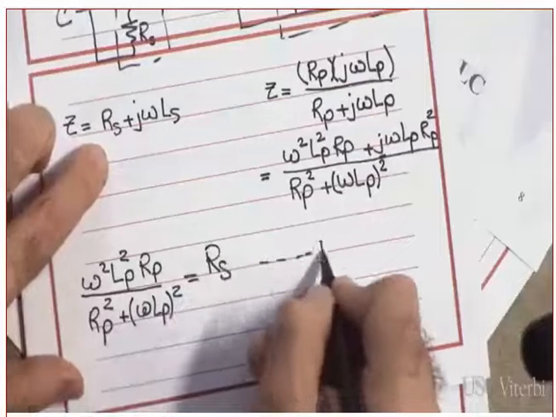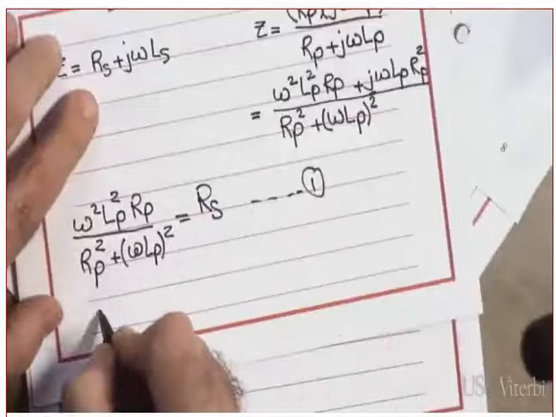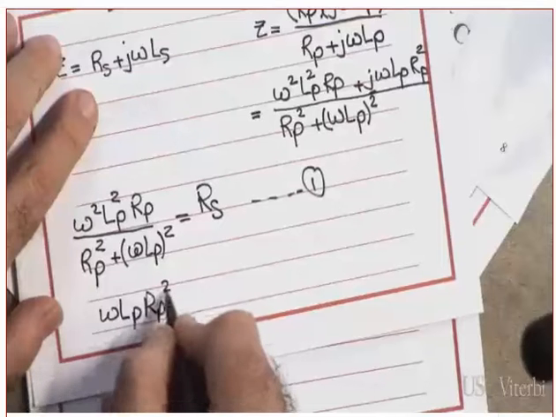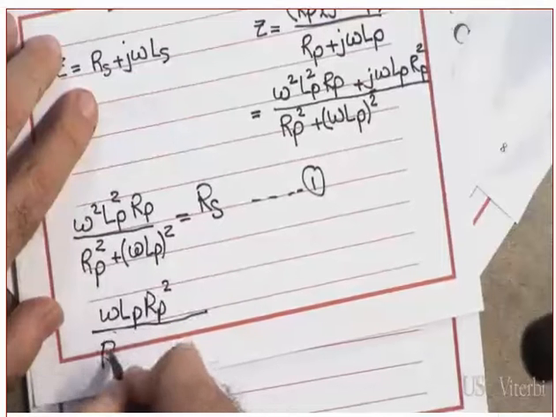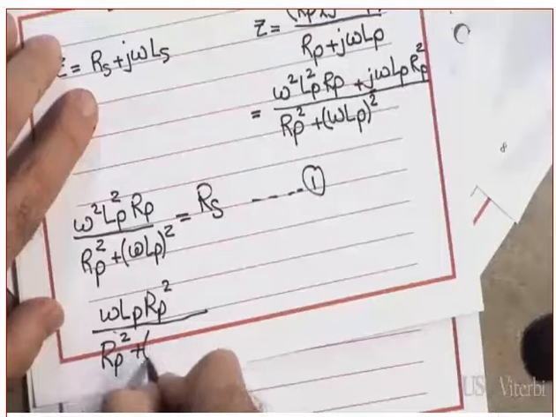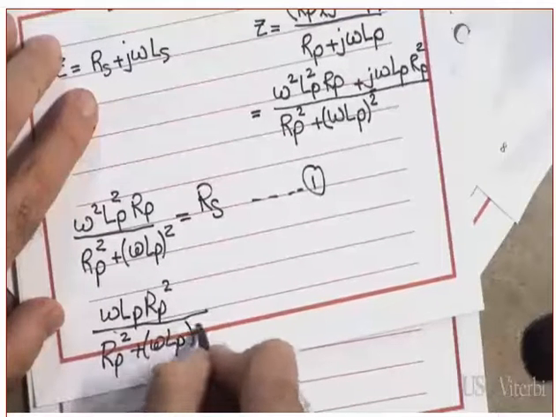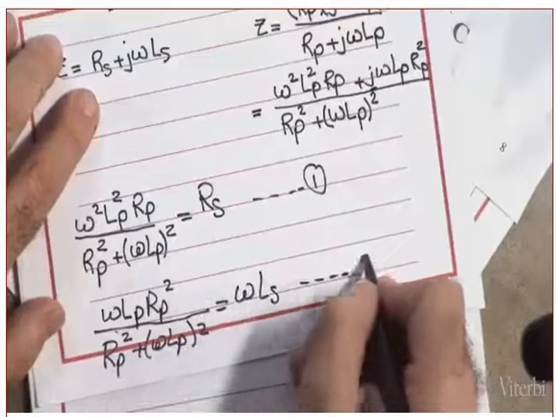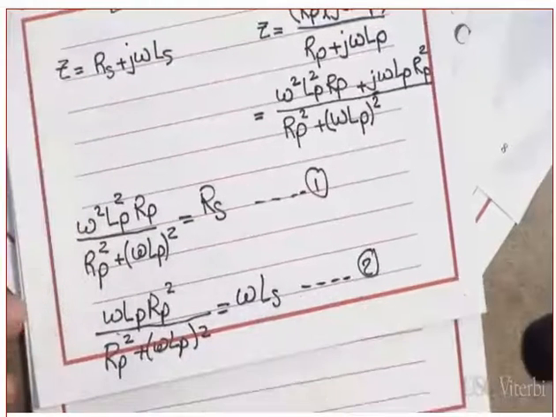This is equation 1, and equation 2 is omega LP RP square over RP square plus omega LP square is equal to omega LS. Did you get it or not?